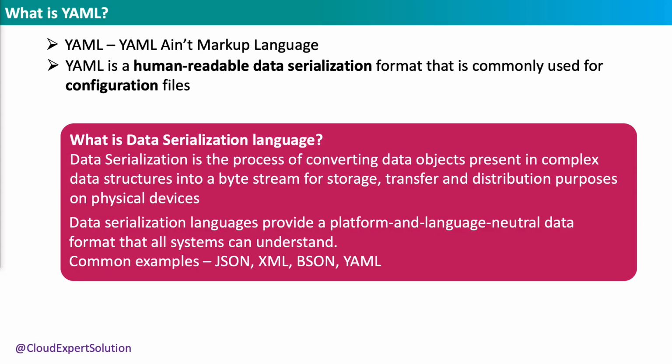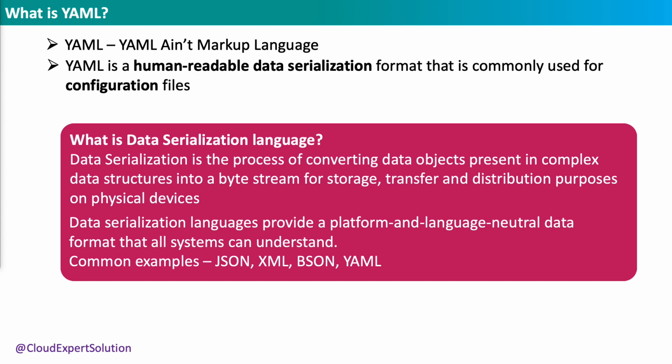Then what are data serialization languages? Data serialization languages provide a platform and language neutral data format that all systems can understand. Some common examples are JSON, XML, BSON, and YAML. Again, these are not all, but these are the popular four.